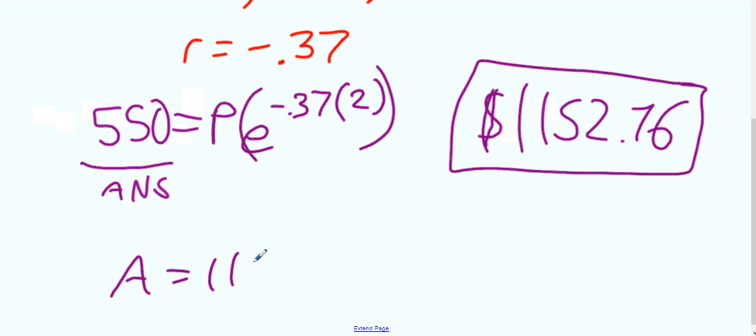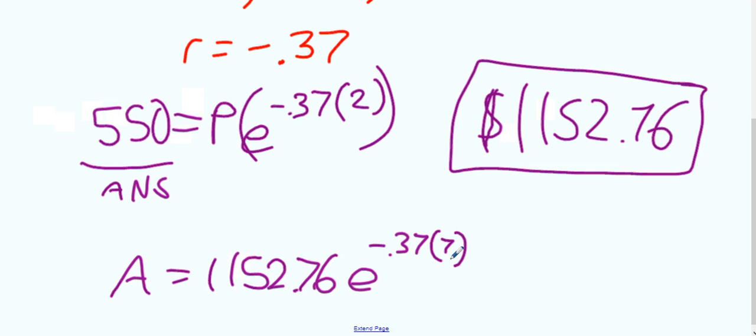Amount equals 1152.76 e to the negative 0.37t, and we're plugging in 7 for t. Because we want to know 5 years from now, so when it's 7 years old.